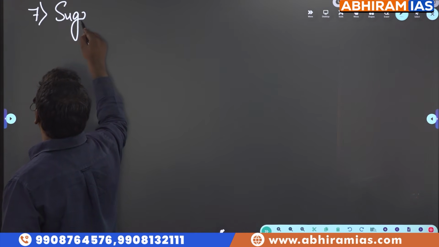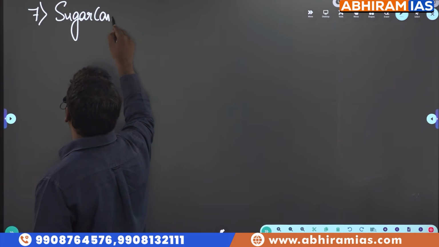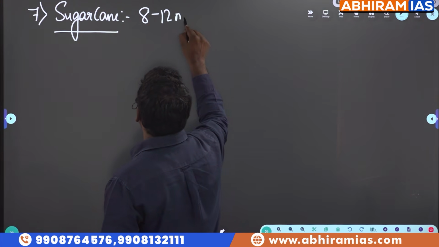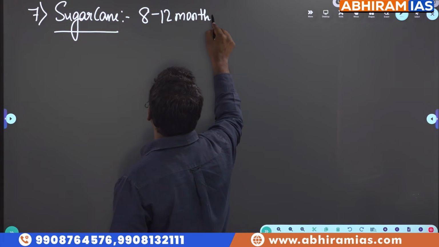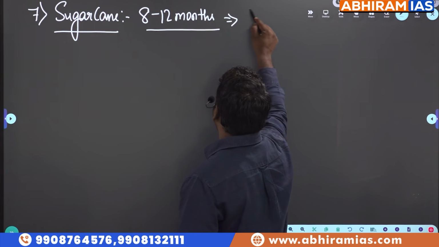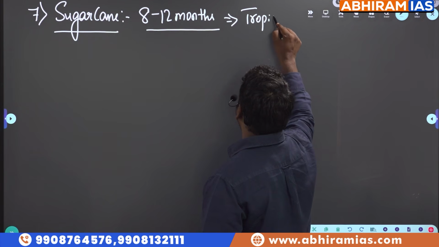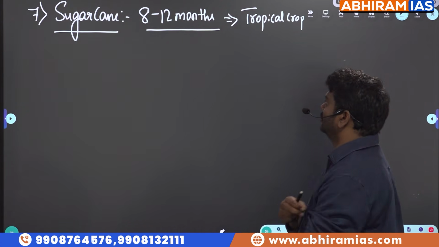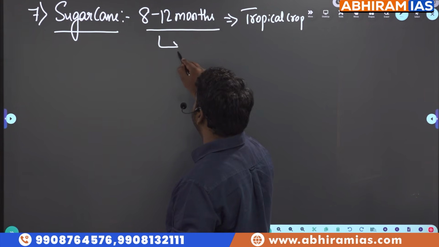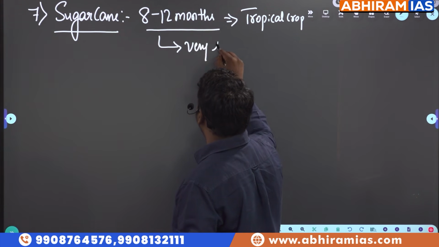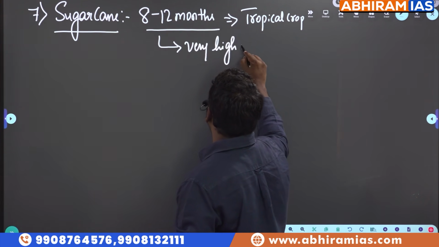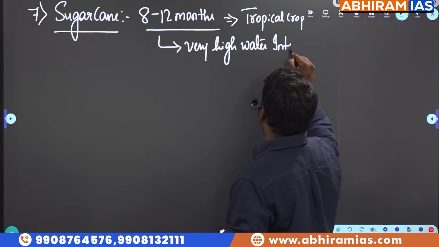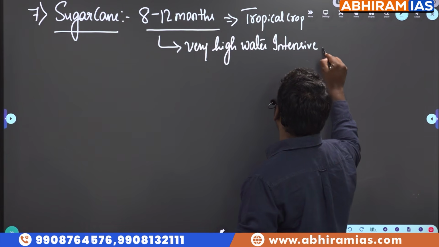Sugarcane. It is an 8 to 12 months crop, guys, and it is a tropical crop. As it requires 8 to 12 months of water, it is a very high water intensive crop.